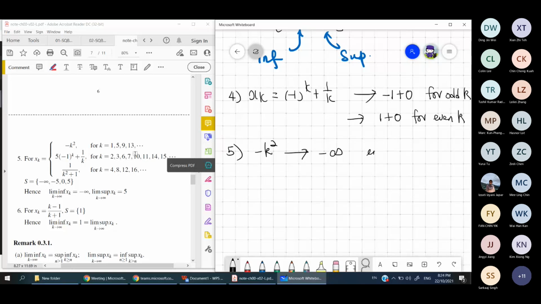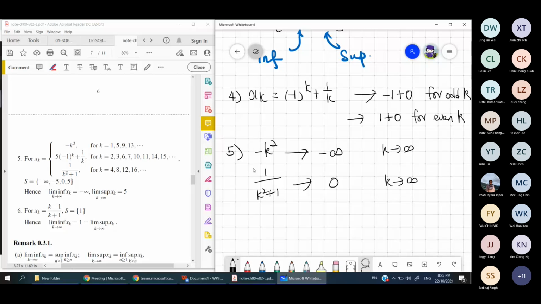So no problem. And next, maybe we look at this one, it is easier. So 1 over k² plus 1. So this one is clear. When k goes to infinity, this will be 0.